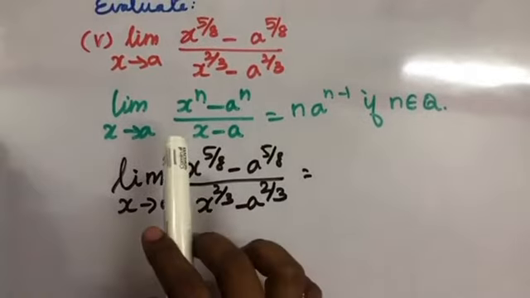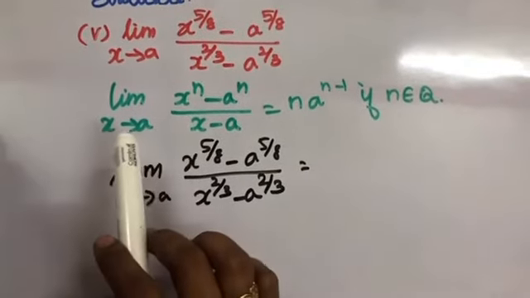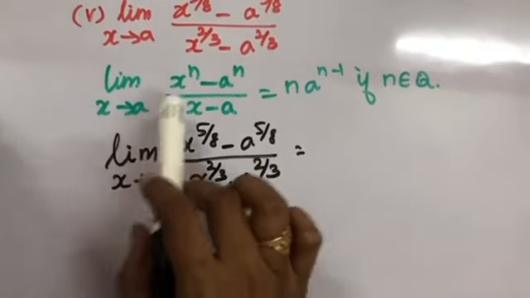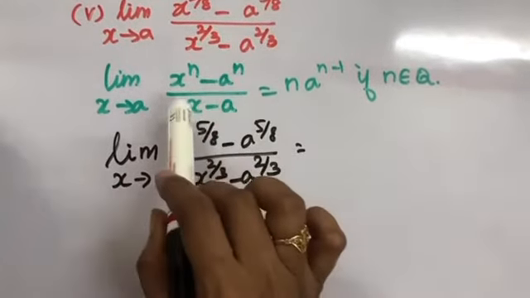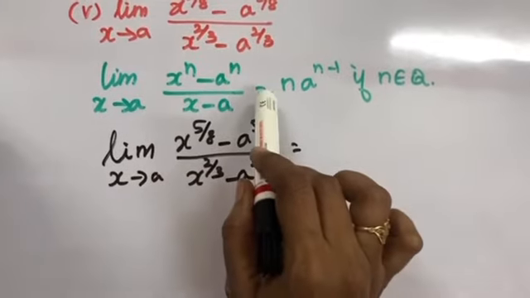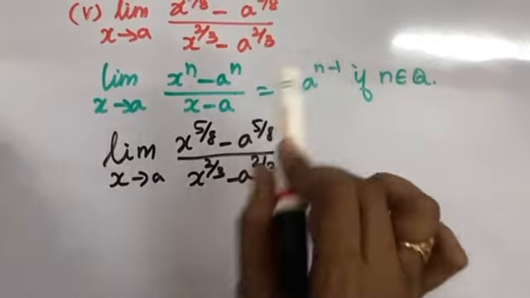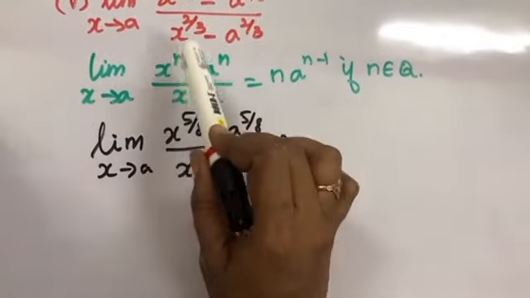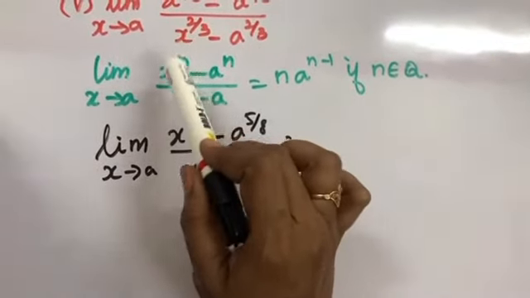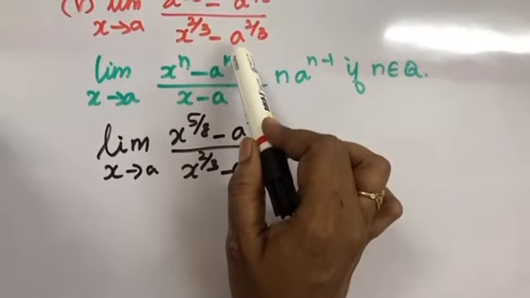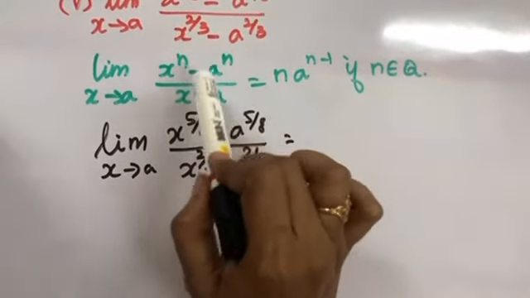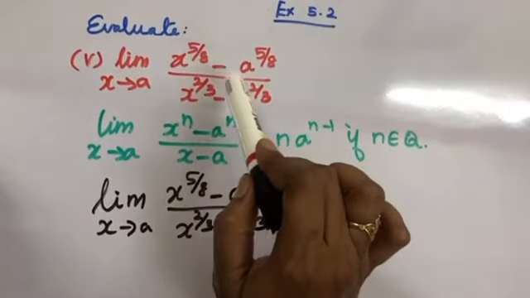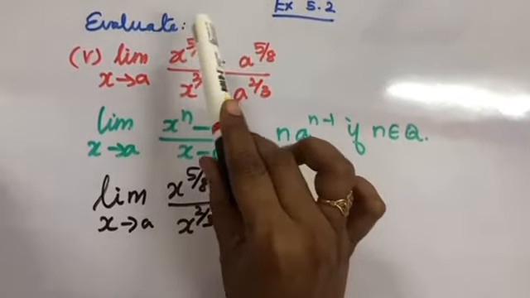We have a standard limit: limit x tends to a, (x power n minus a power n) divided by (x minus a), equal to n a power n minus 1, if n belongs to Q. Here the power of x and a is the same, n, with a negative symbol in between. Similarly, in the numerator as well as the denominator, the power is the same.